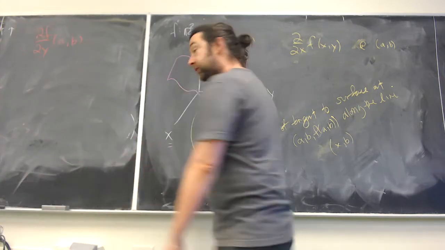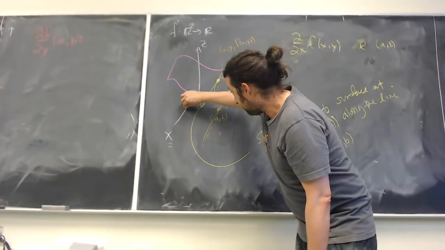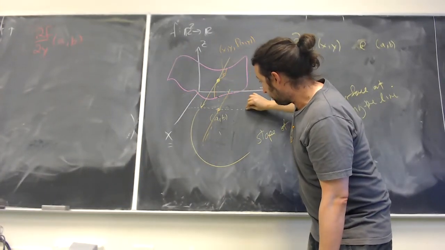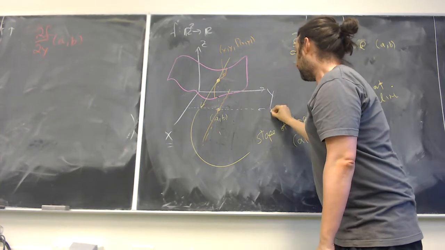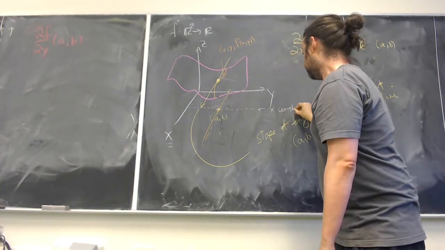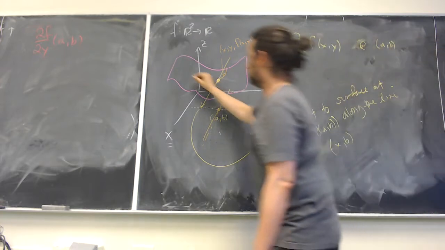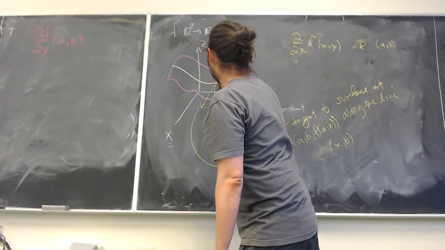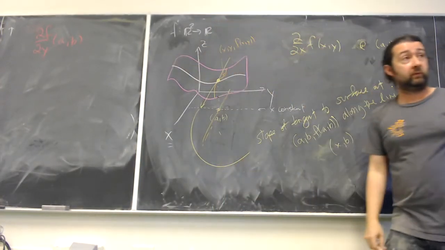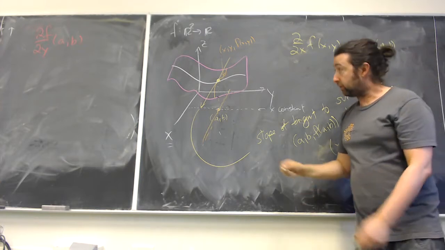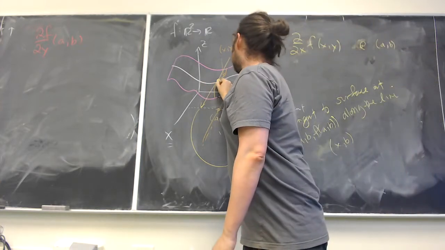So I'm holding x constant, which means I'm sliding in this direction now through that same point. Here, I'm thinking of x as being constant. It has a line that travels through the surface. And if I take the partial derivative here, what I'm getting is this tangent line.